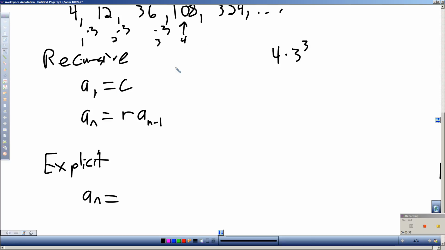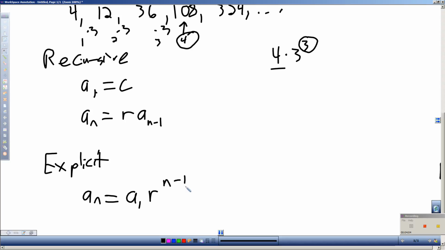So now, how would we translate that into An? What does 4 represent? A1. So we're going to have A1 times r raised to the n minus 1.